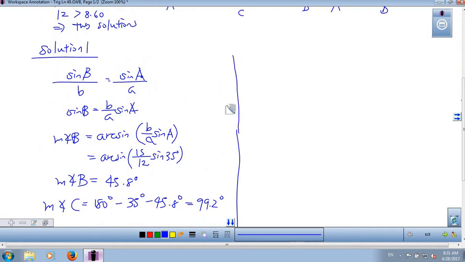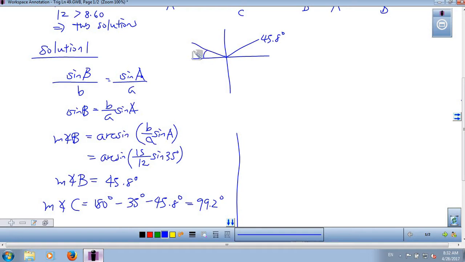But what does solution 1 have to do with solution 2? Now remember, we found angle B using the arcsine, 45.8 degrees. But you have to remember, arcsine only gives us the angle in quadrant 1. However, sine of another angle is also positive and has the same value.